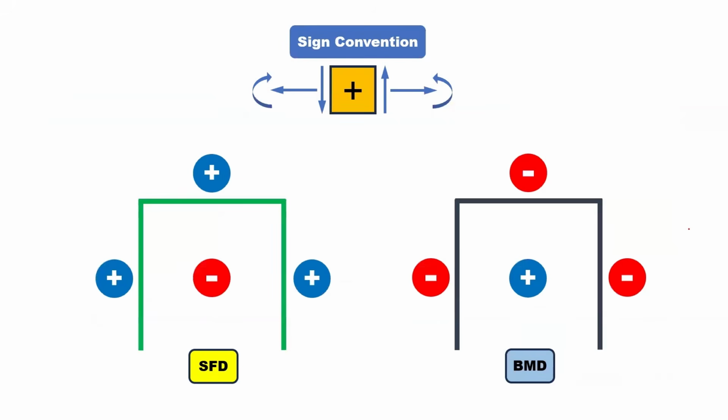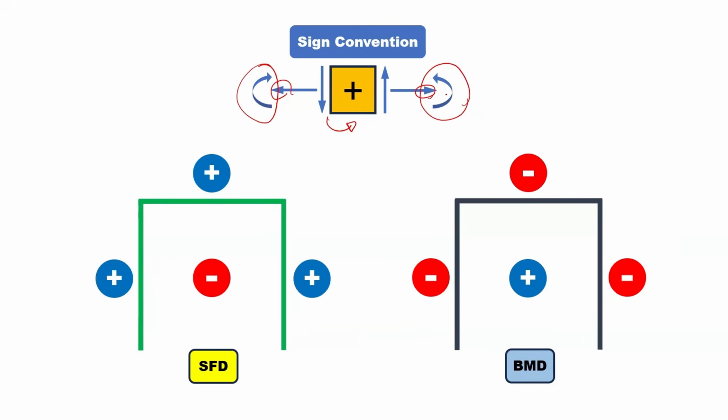So these are the sign conventions which I will be using. Anti-clockwise shear forces are positive. Tension, it means that arrows pointing away from the element will be positive, and clockwise moments from left are positive, from right anti-clockwise moments are positive.